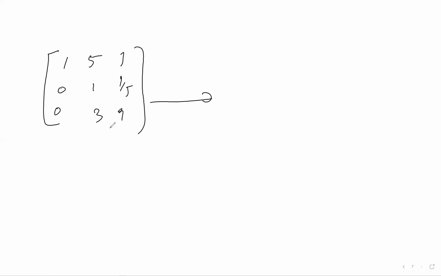So let's multiply row 2 by 3 and add it to row 3. The first row stays the same, 1, 5, 1, and the second row stays the same as well, 0, 1, 1 over 5.